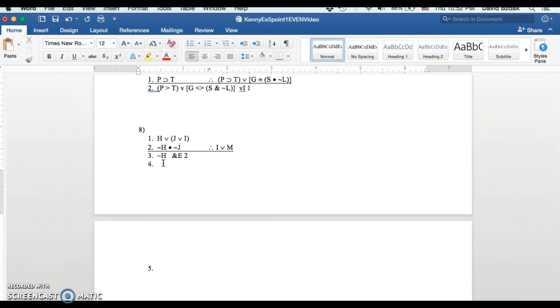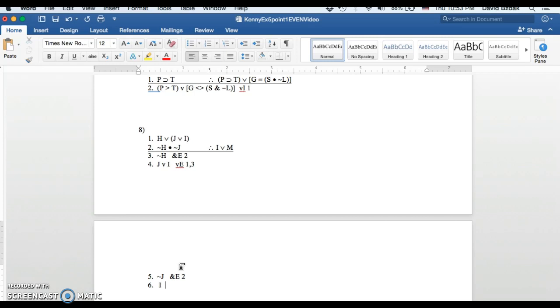Okay, now we can get J or I because we have a disjunction and the negation of one of the disjuncts. So that's disjunction elimination 1, 3. Now we need to get I or M, and so we can get not J by itself here now by conjunction elimination of 2.